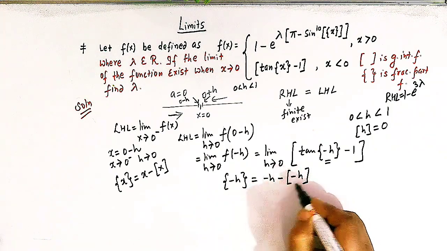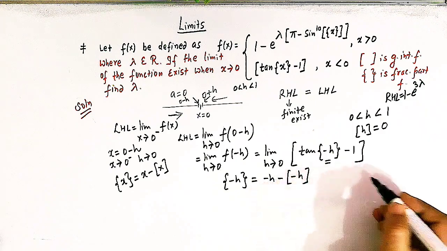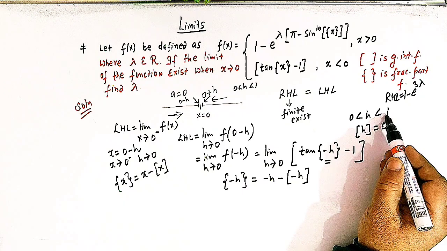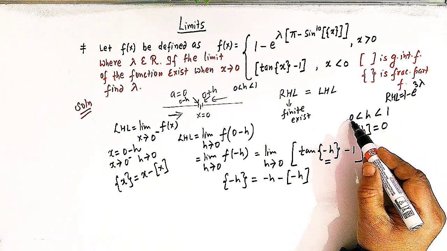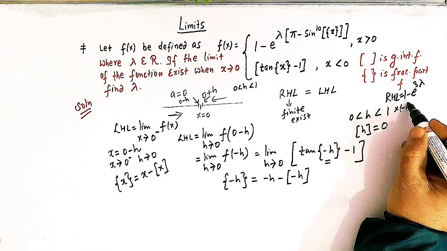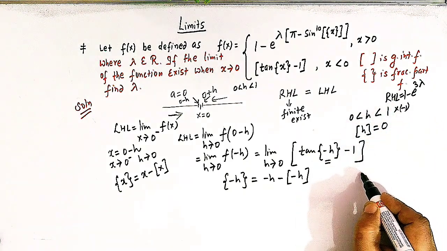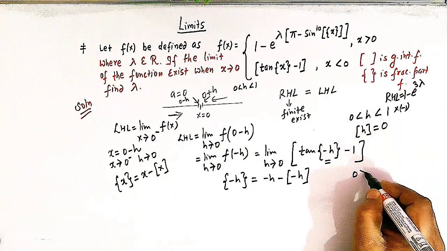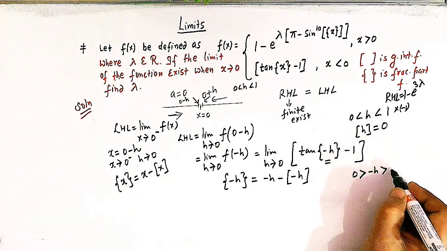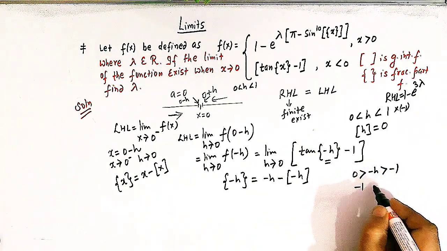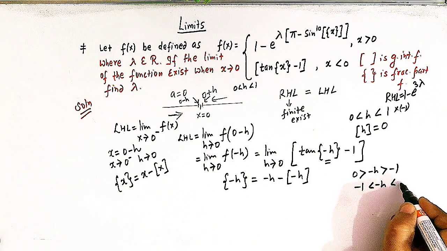Okay, now greatest integer of minus h. See, h lies between 0 and 1. So if we multiply this inequality throughout by minus 1, the direction of the inequality gets reversed. So here we have minus h, then we have minus 1. So we can rewrite this inequality as minus 1 less than minus h less than 0.